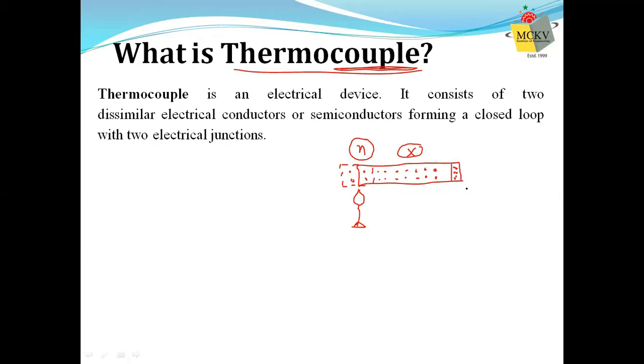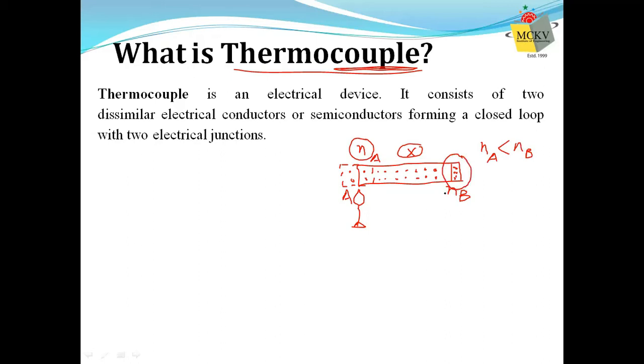So if this is my point B, there is no junction. This is just the point A. The number density at A is Na. The number density at point B is Nb. Na will be less than Nb. Am I right? So here the density of electrons is more.